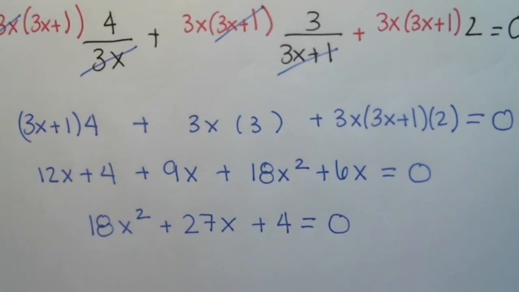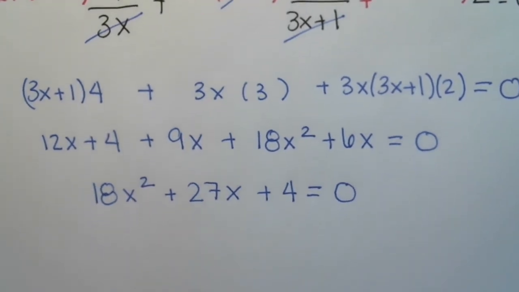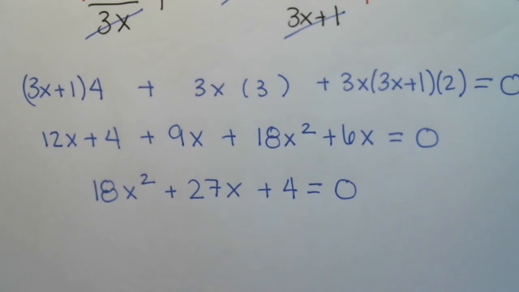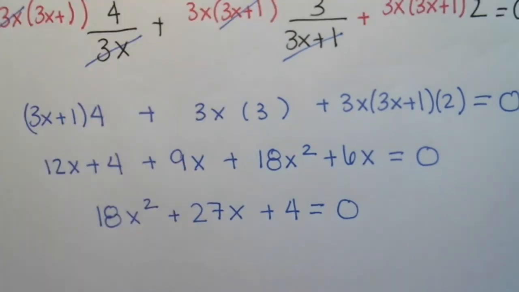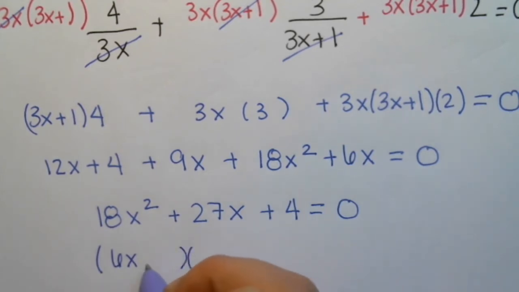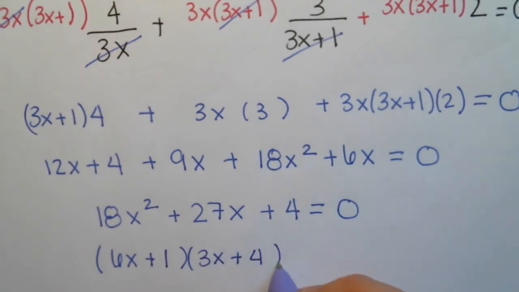And now I need to solve this equation, right? This is an x squared type of equation, so I'm going to try to solve this by factoring. And you would do factoring by the guess and check method. So you'll see if you do the guess and check method that this is going to be 6x plus 1 times 3x plus 4.